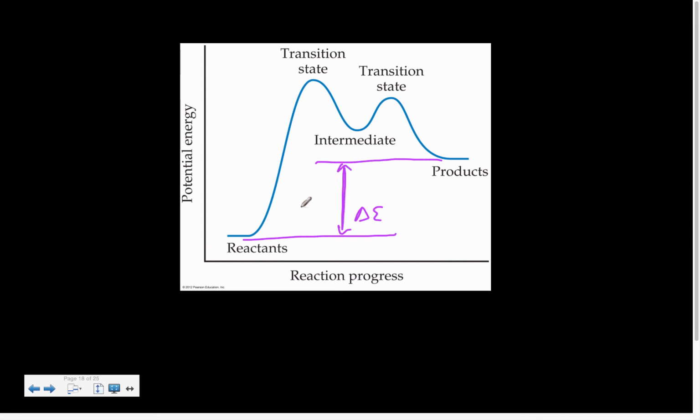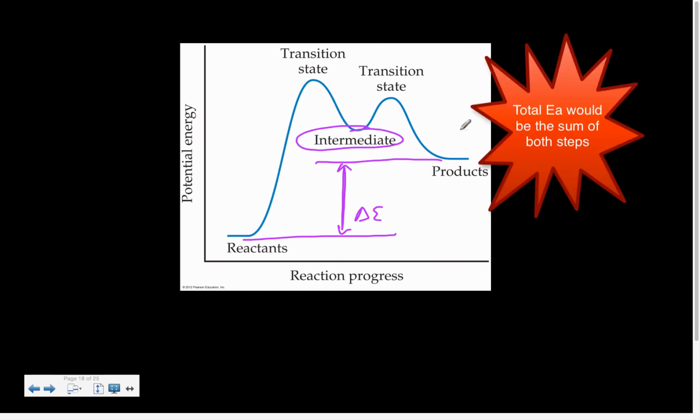But we understand that this is a two-step process, because we have one activation energy and a second activation energy with an intermediate in the middle, meaning something comes out and then we use that something else. If it were a three-step mechanism, there would be a third hump over there.